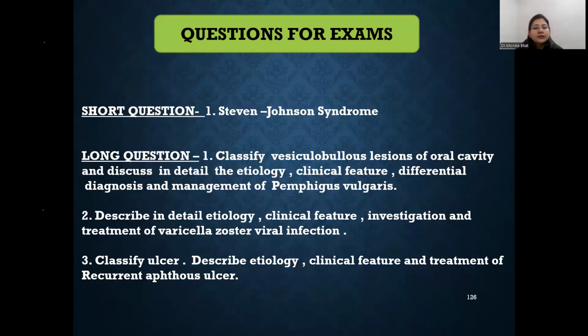Another long question can be herpes varicella zoster viral infections with their investigations, and another can be recurrent aphthous ulcer with the classification of the ulcer, definition, treatment, and etiology.